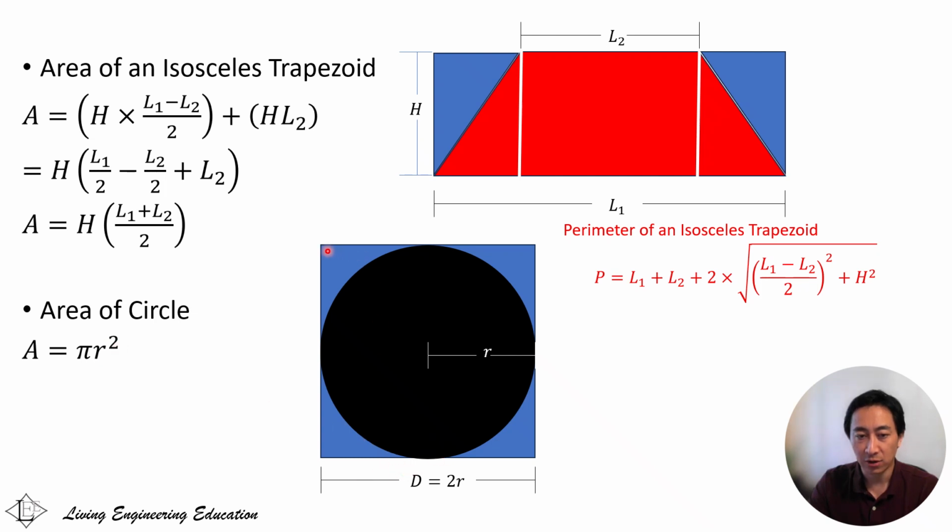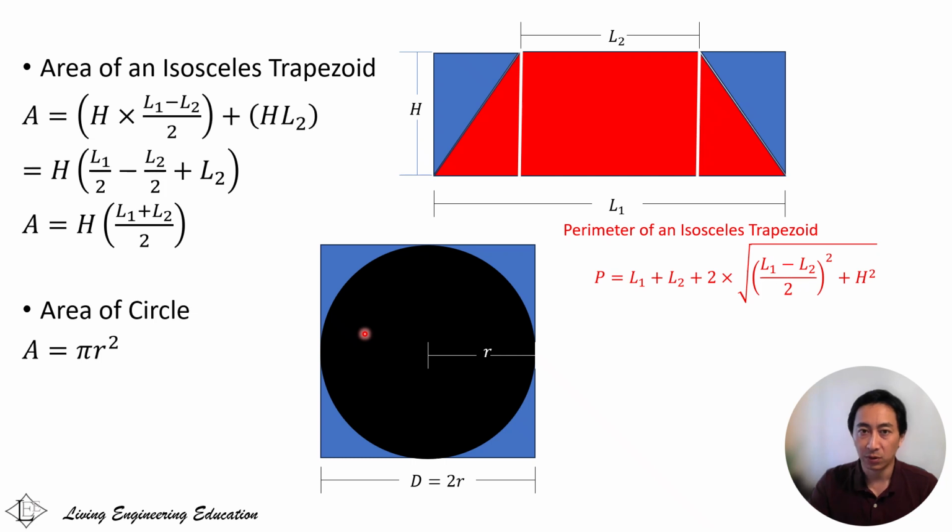If I try to find the area of this square, right, this entire square, not just the blue shaded parts, I would expect the area of this square to be larger than that of the circle because the circle fits inside it, right? So the diameter is 2 times the radius.